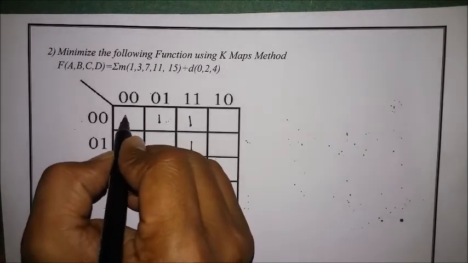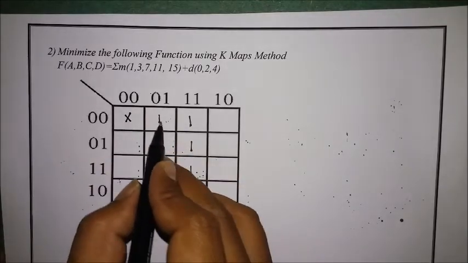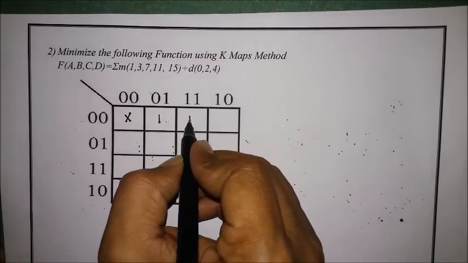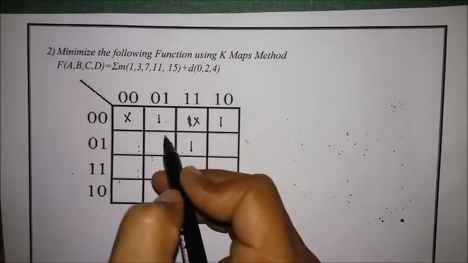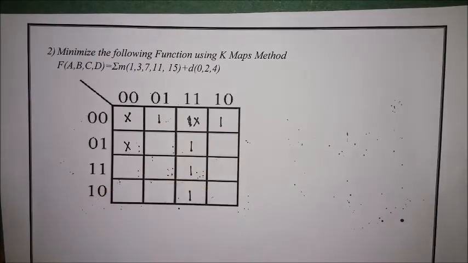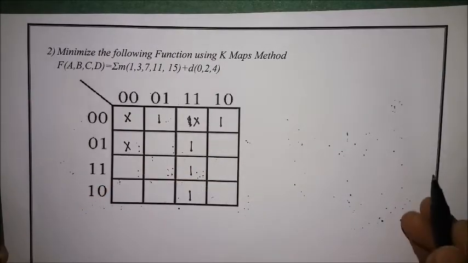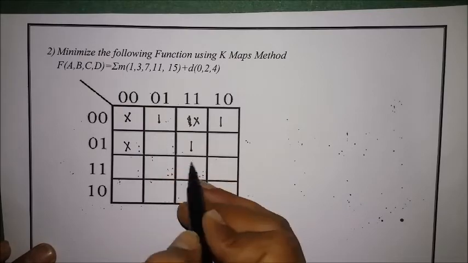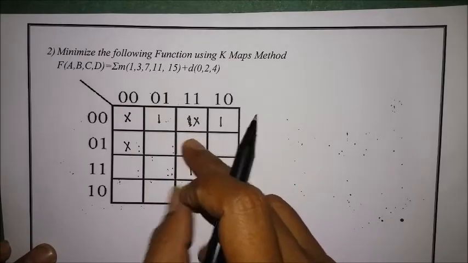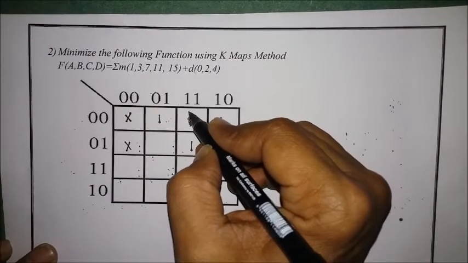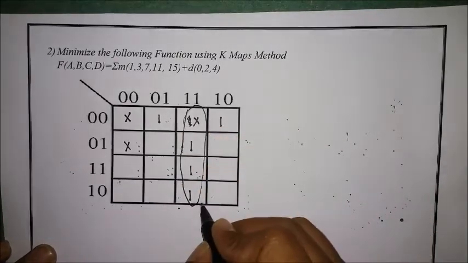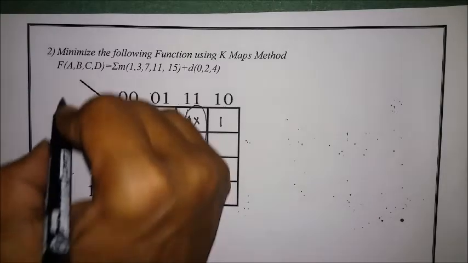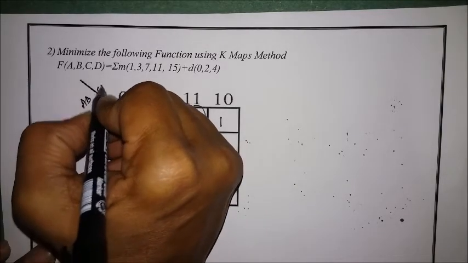Now I have a don't care entry here, this is 3, and here it is x, that is 2 and 4. Without don't care entries I cannot group these three, so I am considering this don't care entry and grouping these 4, such that I am getting an answer, that is A B C D.